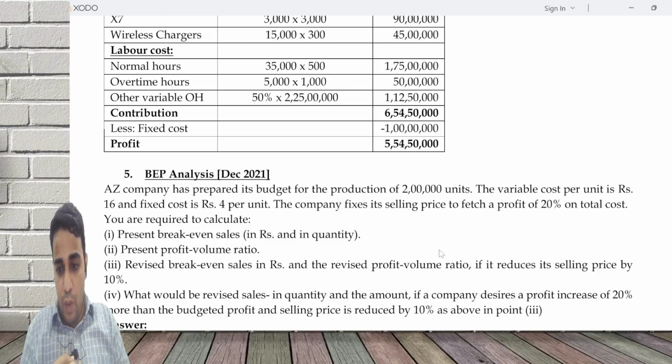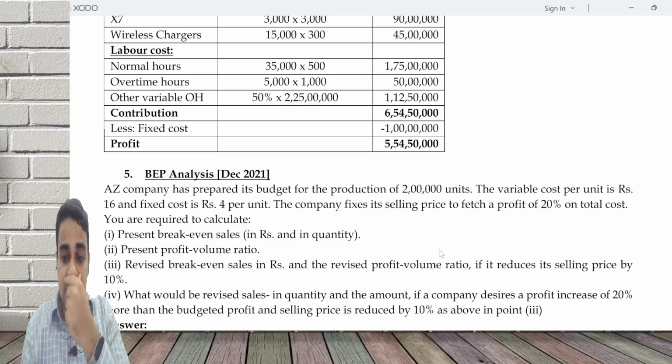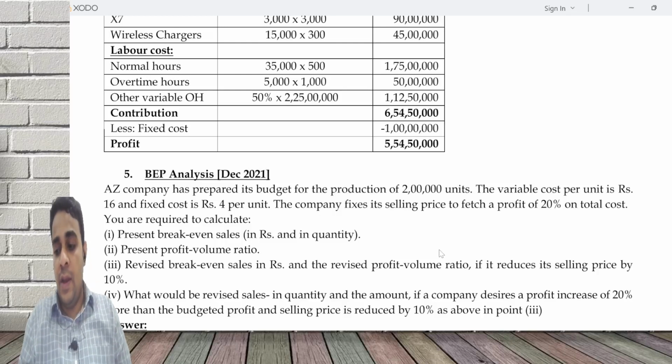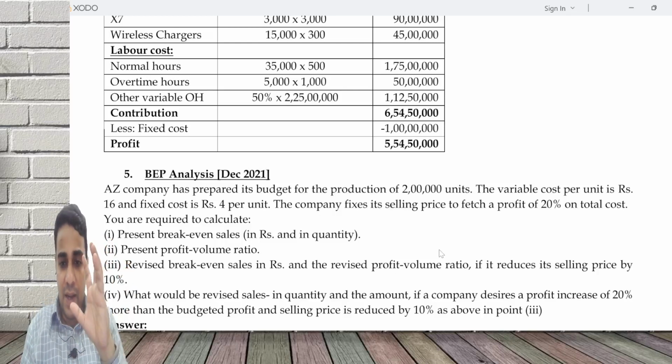If a company wants an increase of 20% profit over the budgeted, and the selling price is also to be reduced. Let's first put the data in the marginal costing format. That may help us in getting some data points, and then the balance we will try to calculate.